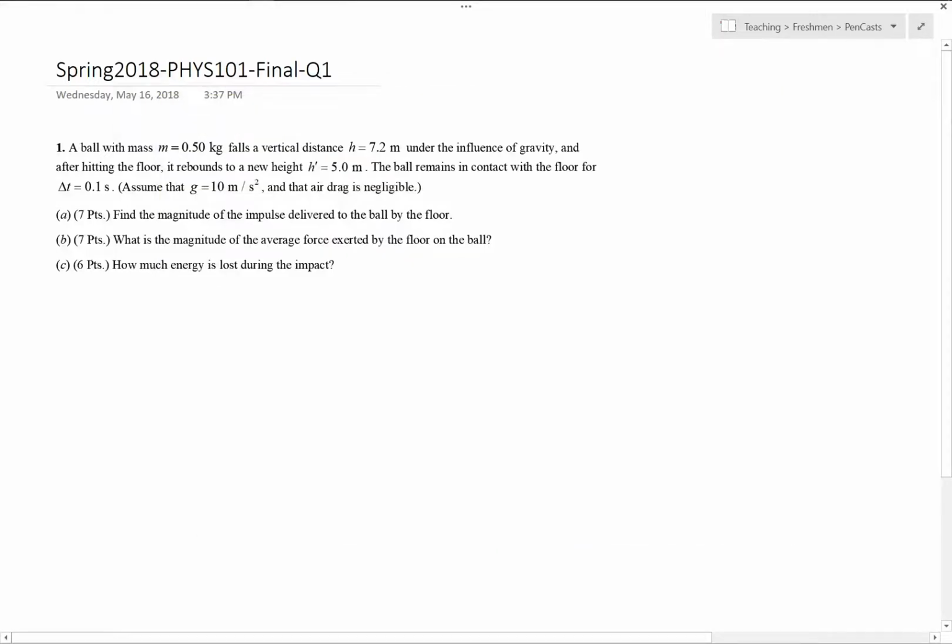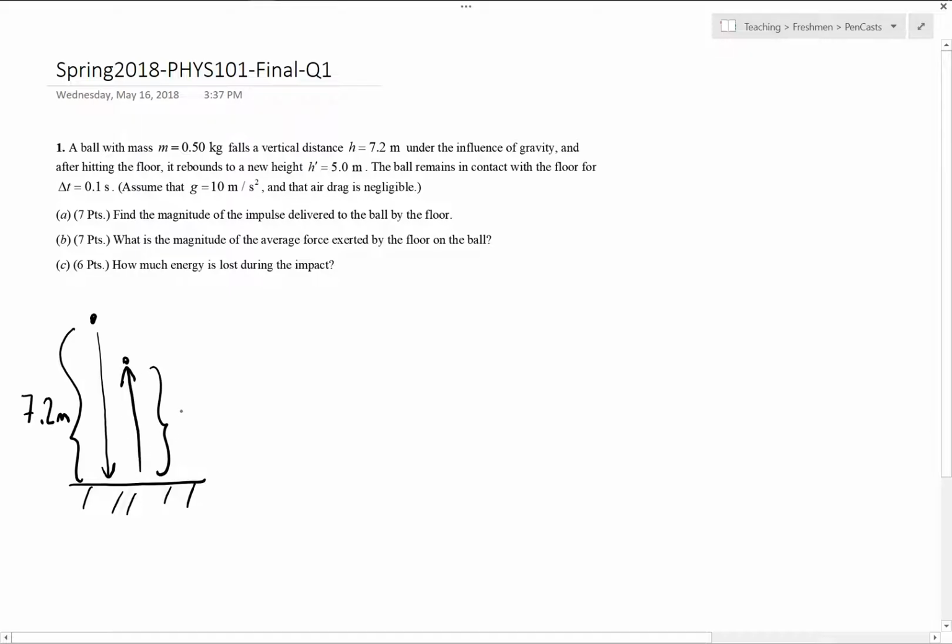Okay, so this is the first question in the final of Physics 101 in spring 2018. You're asked to consider a ball that's basically hitting a floor and then just reflecting back, but it actually falls a distance of 7.2 meters, and next time it only rises to 5 meters.